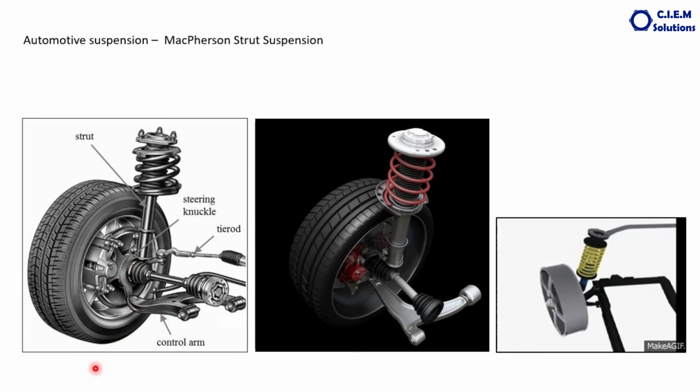When the vehicle passes over a hump or bump, the tire is pushed up with that load, and the load is transmitted to the spring and the shock absorber, compressing both and releasing. And when it moves up, unlike the rigid axle suspension system, the control arm also moves up and down with the help of this joint here and also with the help of these bushings here.